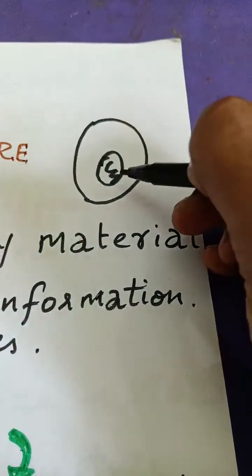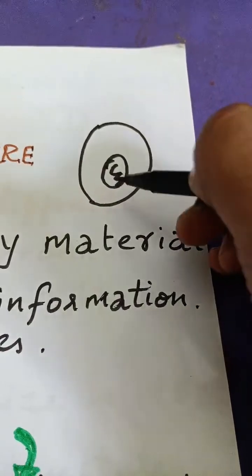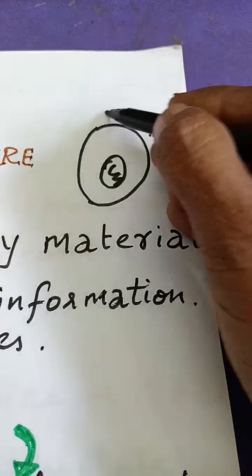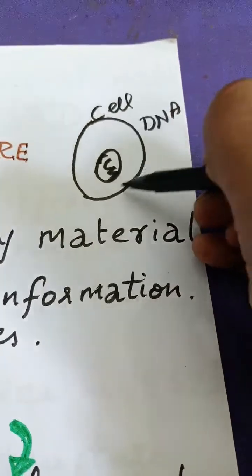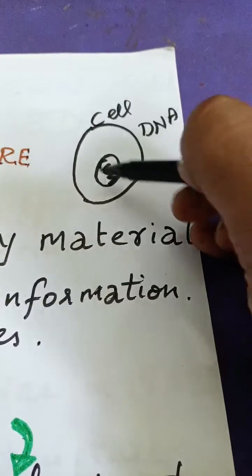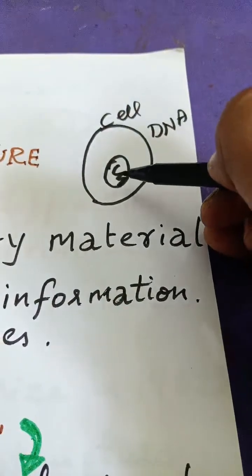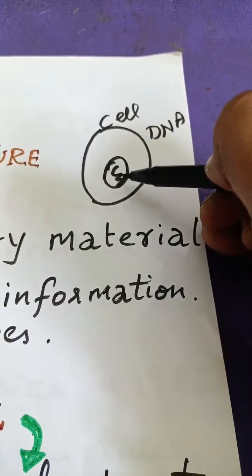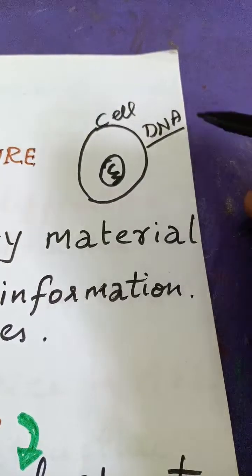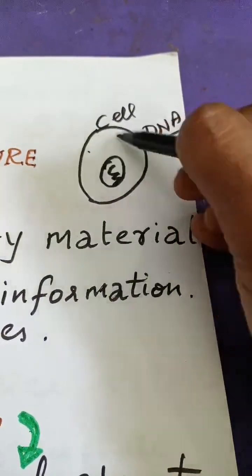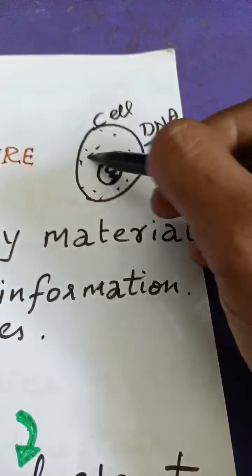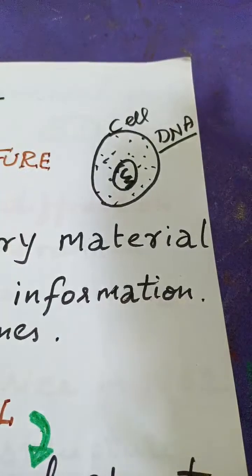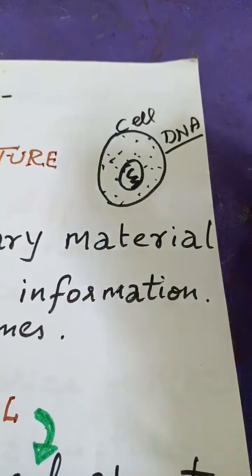The chromosome contains the genetic material called DNA. The nucleus has a genetic material, and that genetic material is DNA. We also have all the other cell organelles. Right from class 8 you will be studying the cell structure.